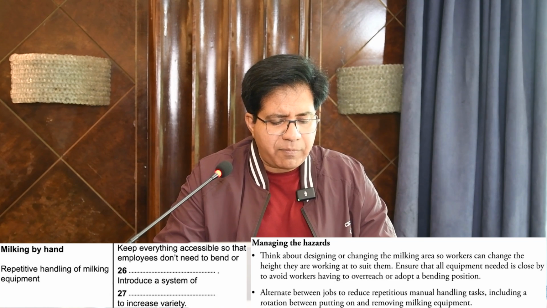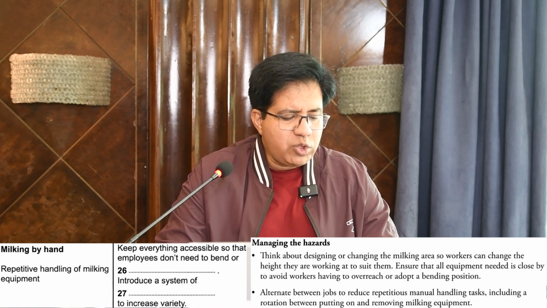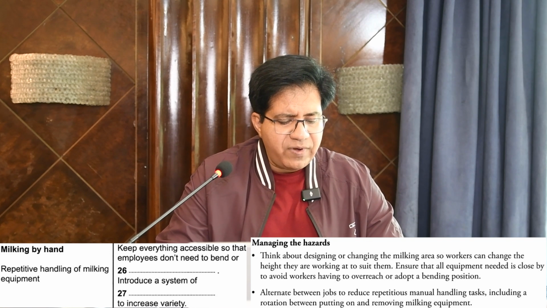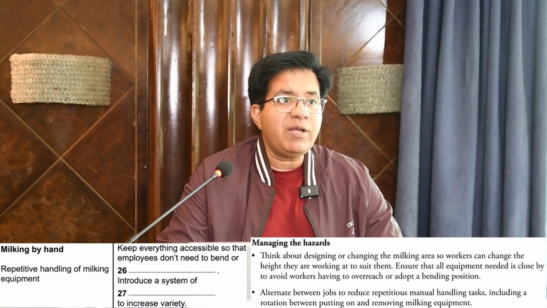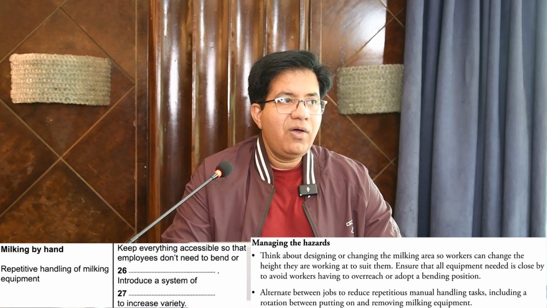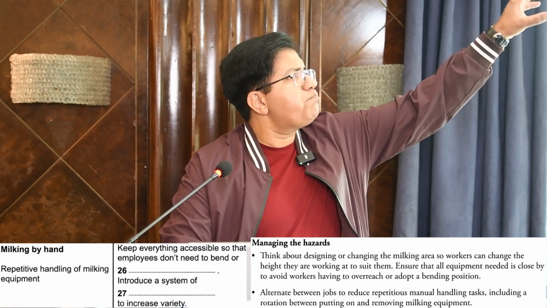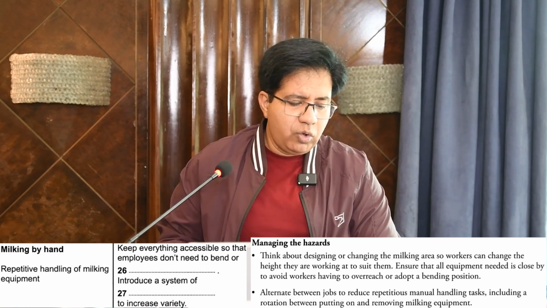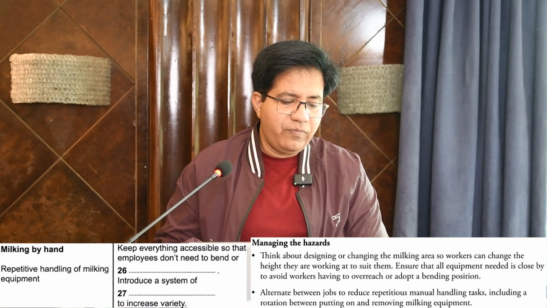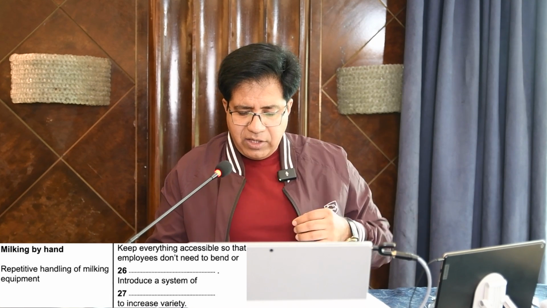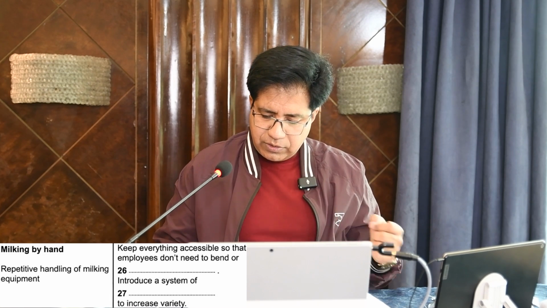Ensure that all equipment needed is close by to avoid workers having to overreach or adopt a bending position. Now bending is already mentioned. What is second one? Oh, do you know what overreach is? Like you try to get something and you overreach, right? So correct answer is overreach, and bending is given after that. Need to bend or overreach.